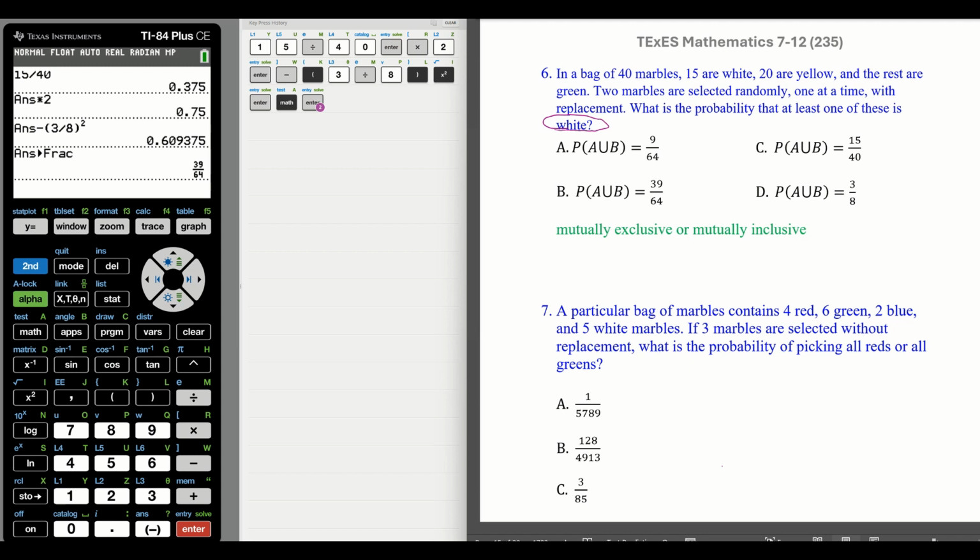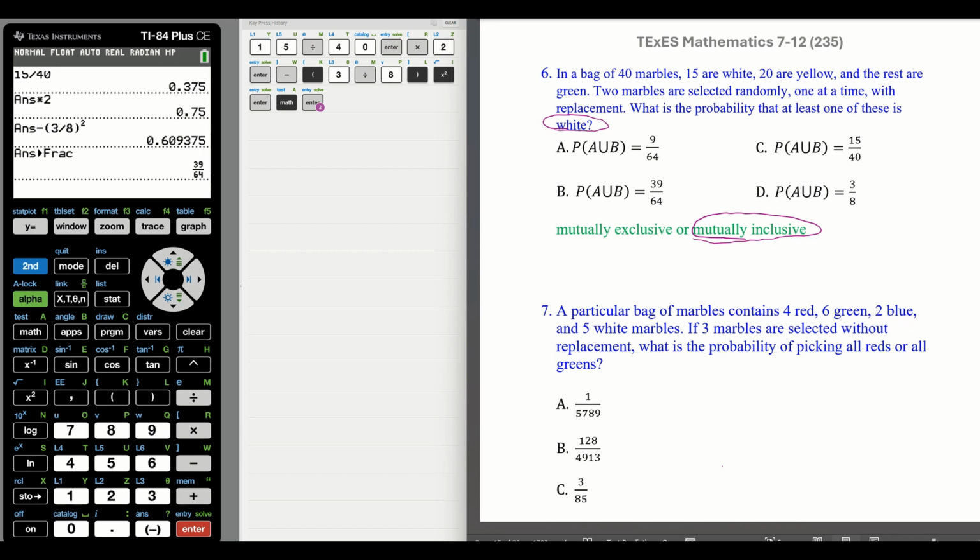As we select them, we can have repetition. We can get a white marble both times. So this means our problem is mutually inclusive. So we need to get rid of or subtract out the repetition.